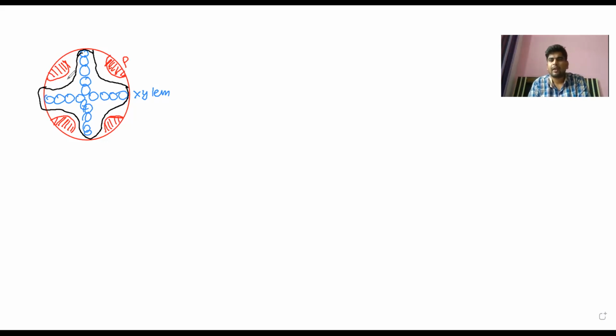Okay, here is the cambium. Now the activity of cambium will be normal here. The secondary growth was abnormal. Now what activity will the cambium produce?